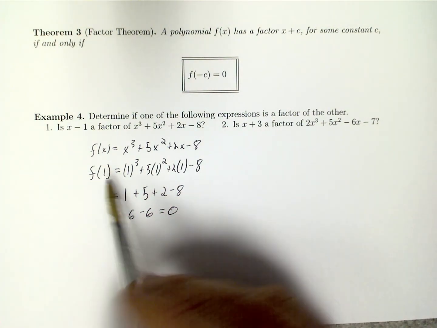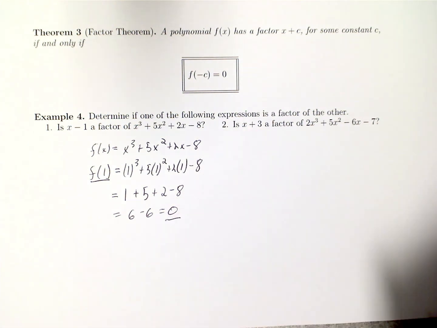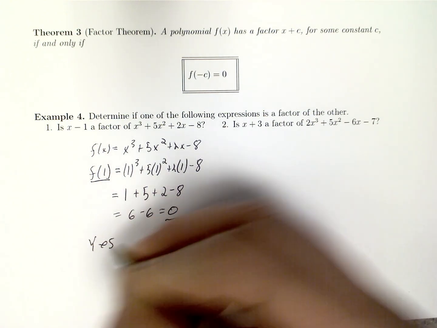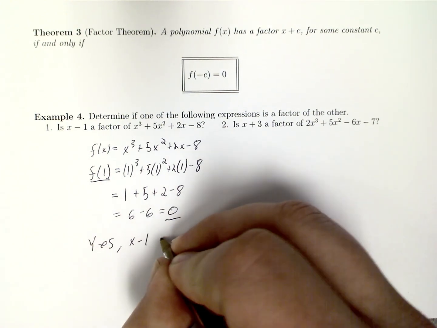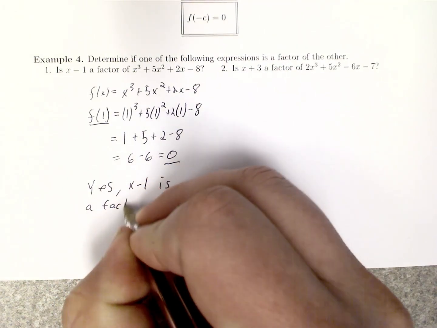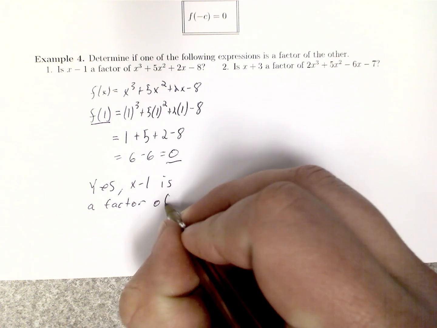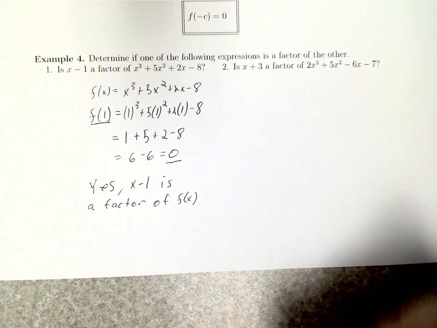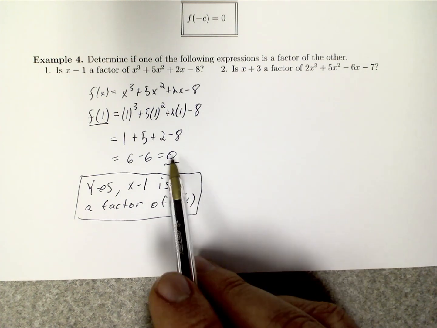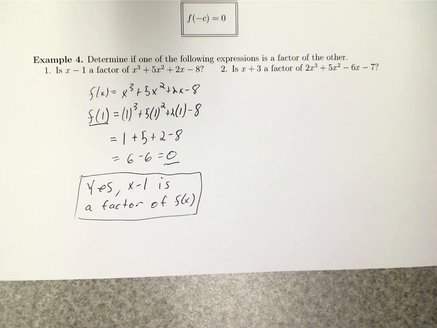When we plugged in 1, we got 0. So is x minus 1 a factor of this? Yes. x minus 1 is a factor of our polynomial given by f of x, because the remainder was 0 from the remainder theorem.